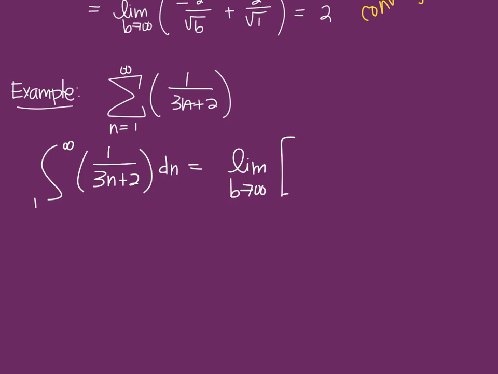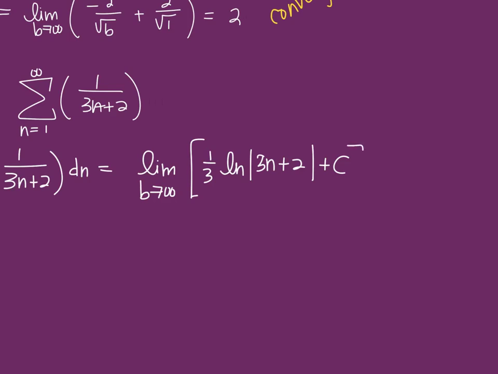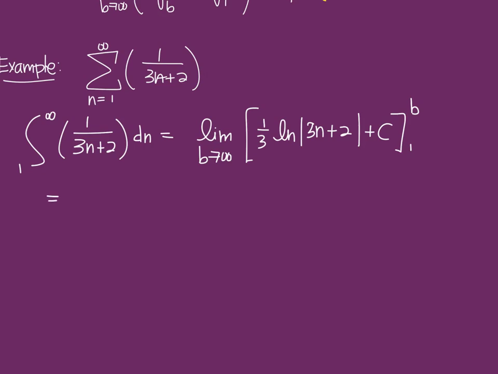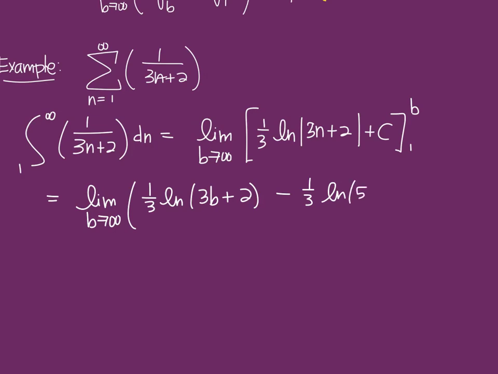Okay, antiderivative is natural log of the absolute value of 3n plus 2 times 1/3 plus c, going from 1 to b. Okay, so this gives us the limit as b approaches infinity of 1/3 of the natural log of 3b plus 2 minus 1/3 of the natural log of 5.